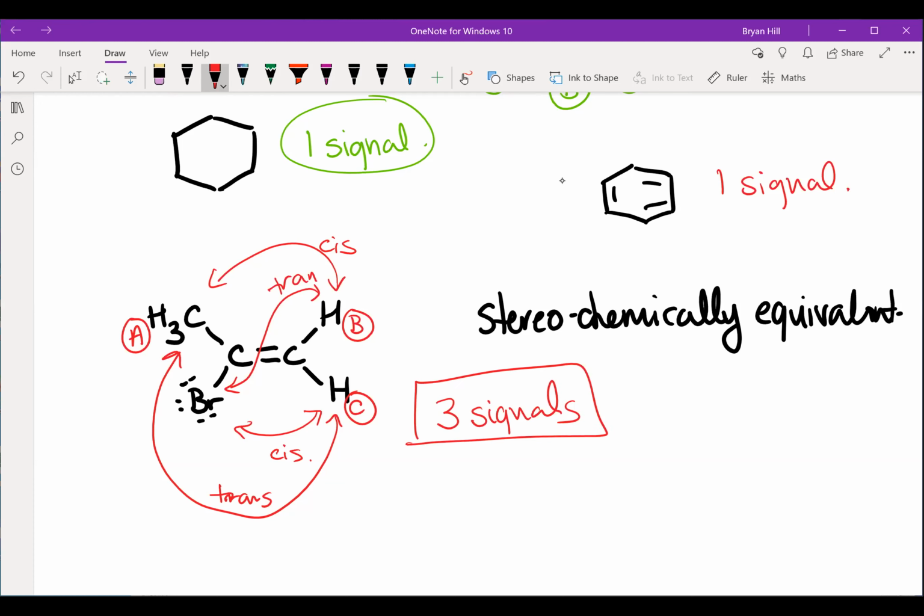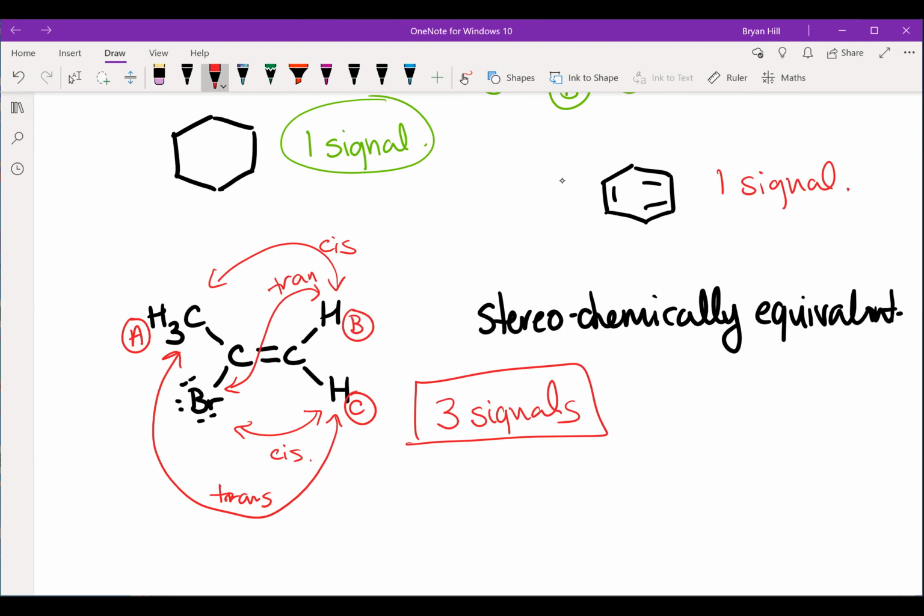Now, this is the maximum number that you should see. When we're talking about the energy gap between the spin aligned and the spin opposed nuclei in the magnetic field, the larger that energy difference, the bigger the resolution between the chemical shifts of, say, HB and HC.